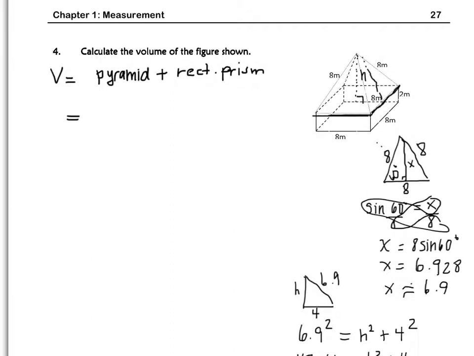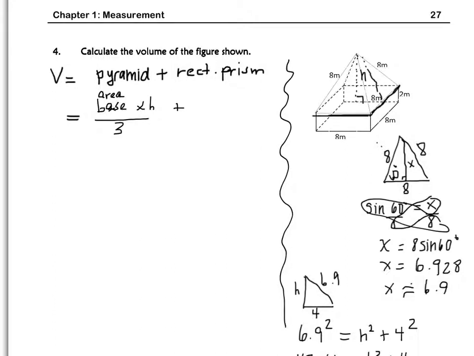So our pyramid volume would be the area of the base times the height divided by 3, plus the rectangular prism, which would be length times width times height.